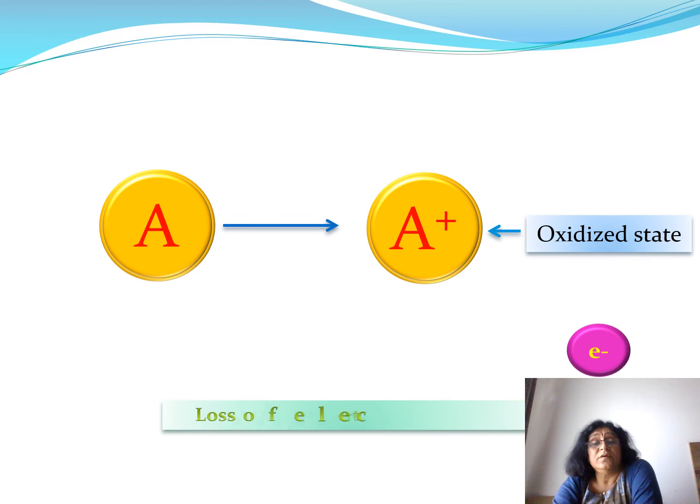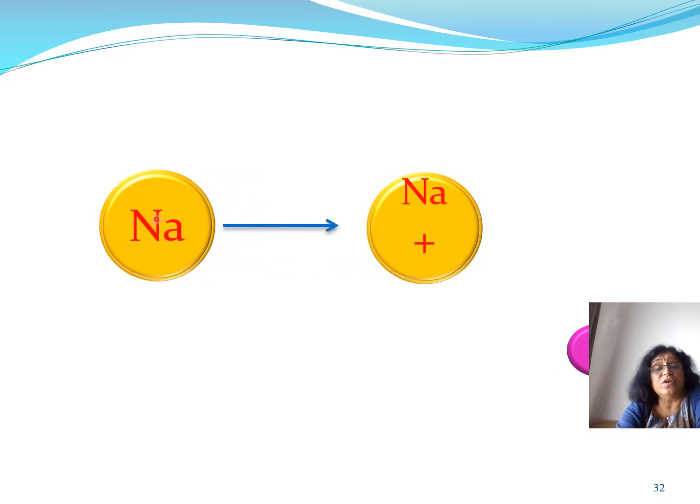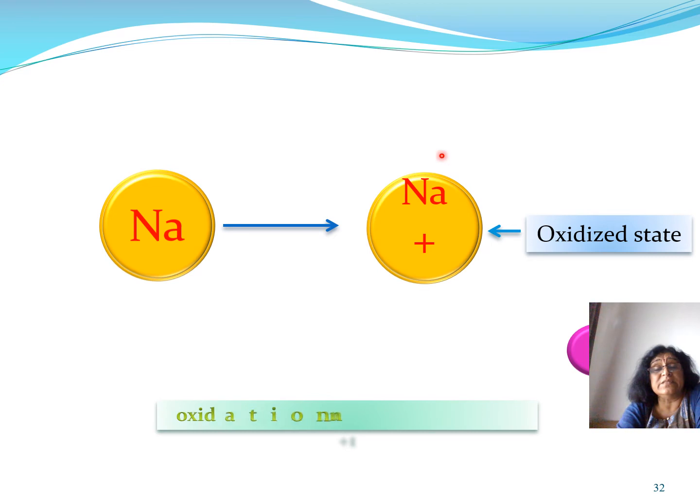Now, if A gets oxidized, it loses an electron and the reaction is called oxidation. If sodium gets oxidized, it loses an electron and changes to sodium ion. For sodium the oxidation number is 0, but for sodium plus it is plus 1.